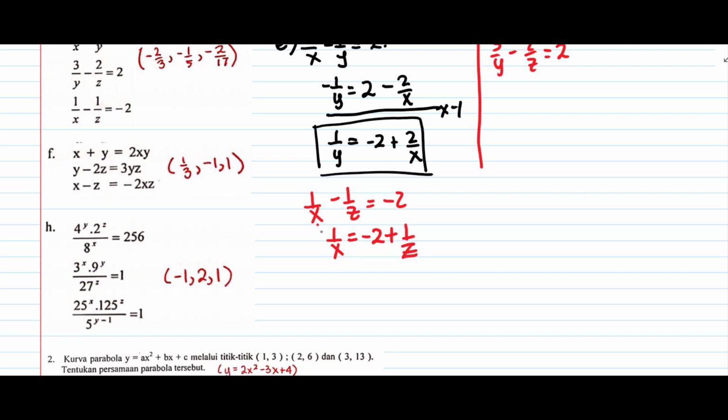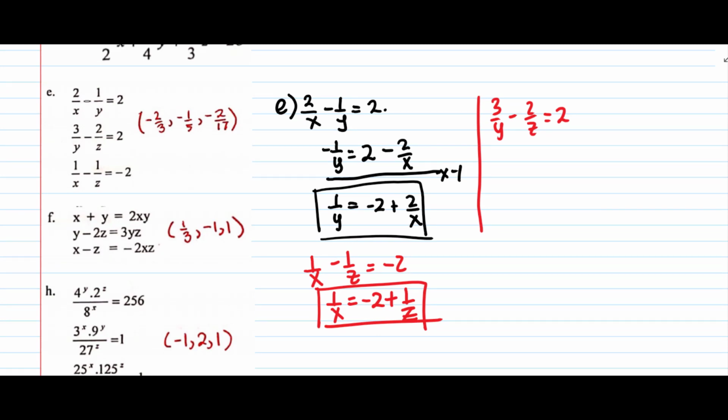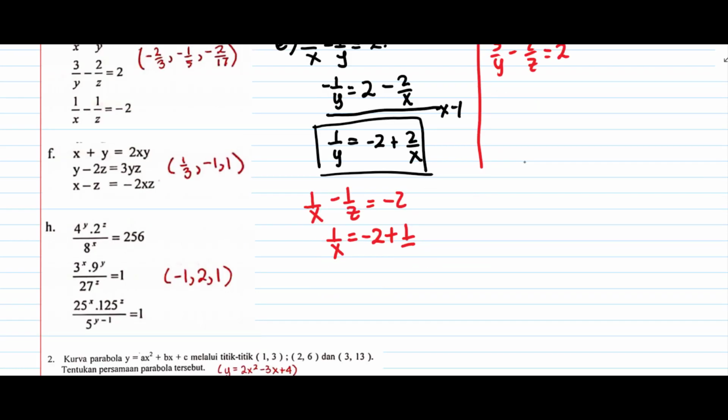Okay, so I got the second one. And then I can substitute this into the right here, and should be 1 over z. Okay, so for this one, negative 1 over z equals negative 2 minus 1 over x. 1 over z equals 2 plus 1 over x.